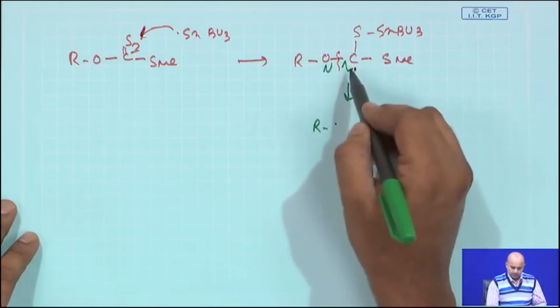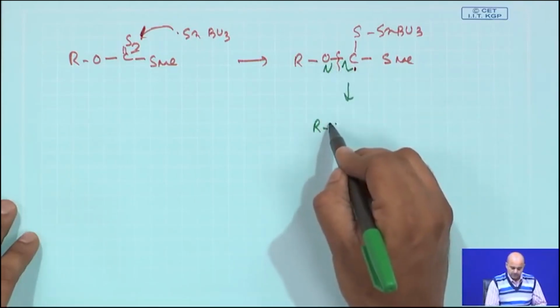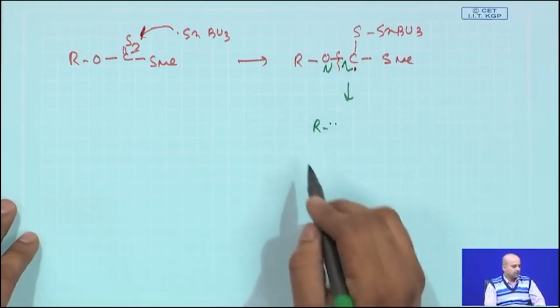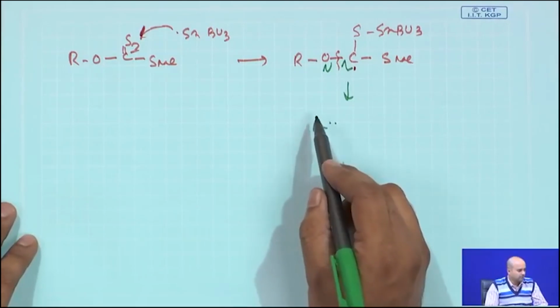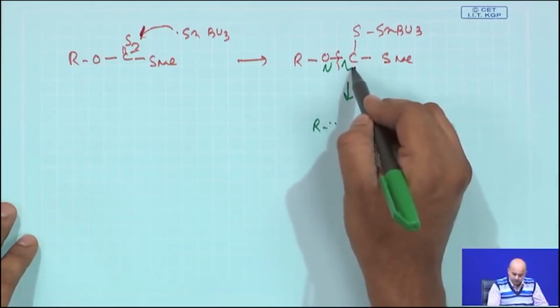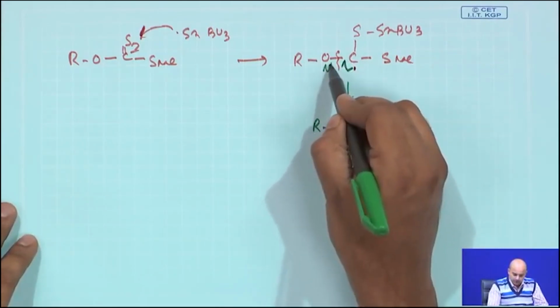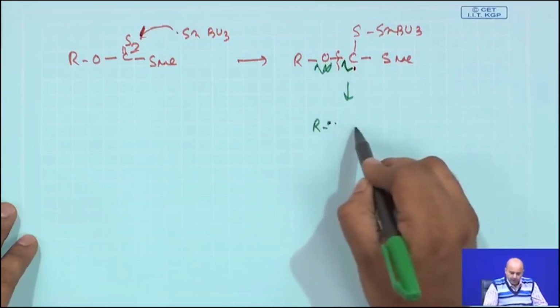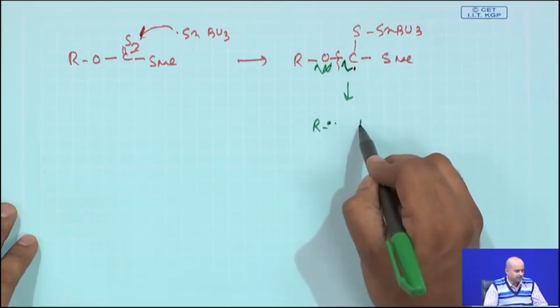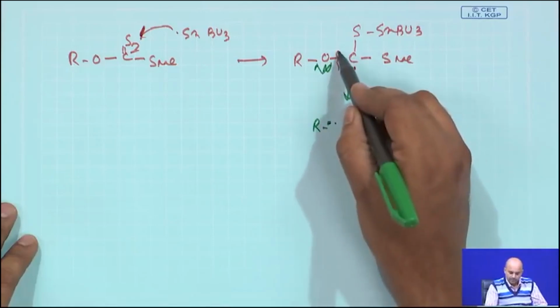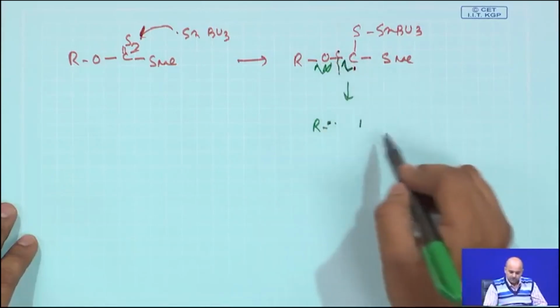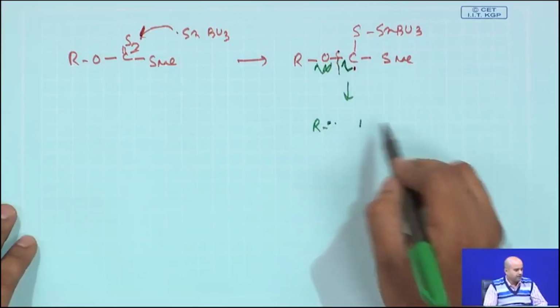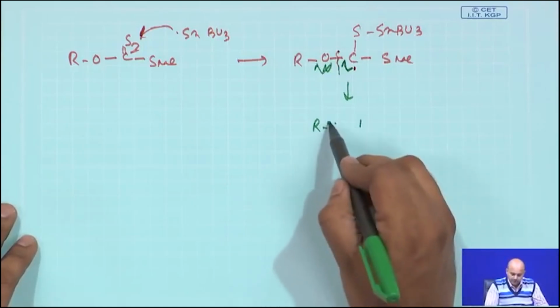This carbon-oxygen bond cleavage gives you an R dot, this particular R dot. So, you have this R dot and all the other things will be chopped off here.